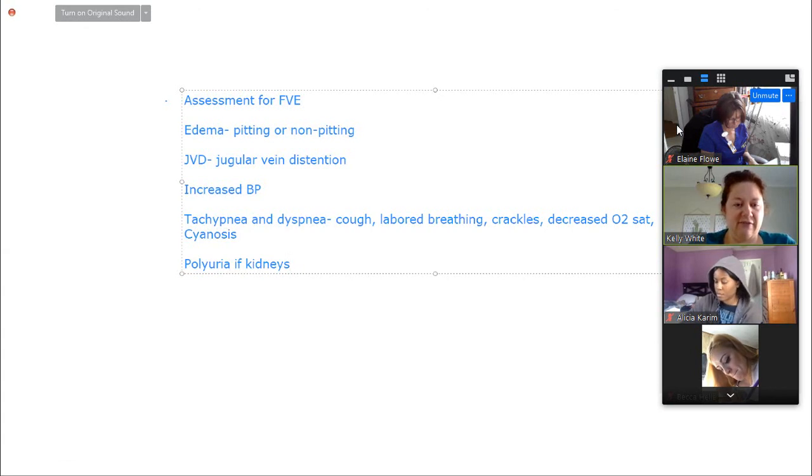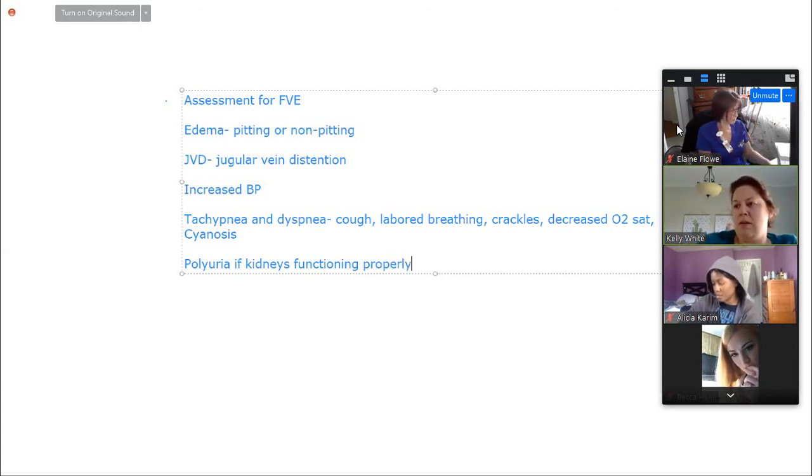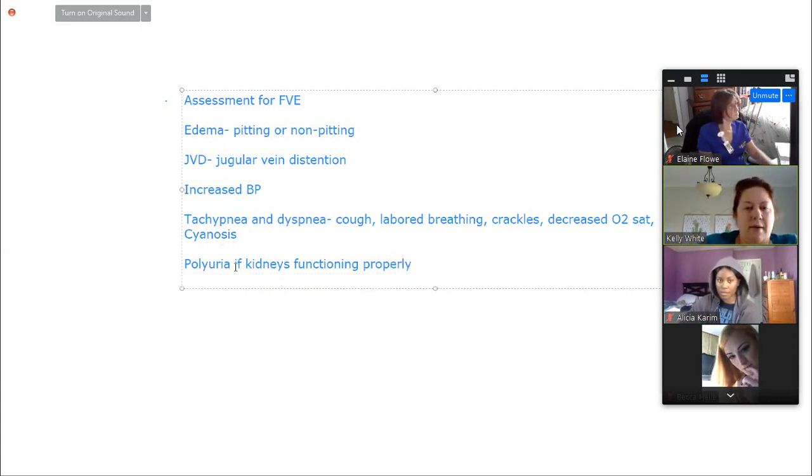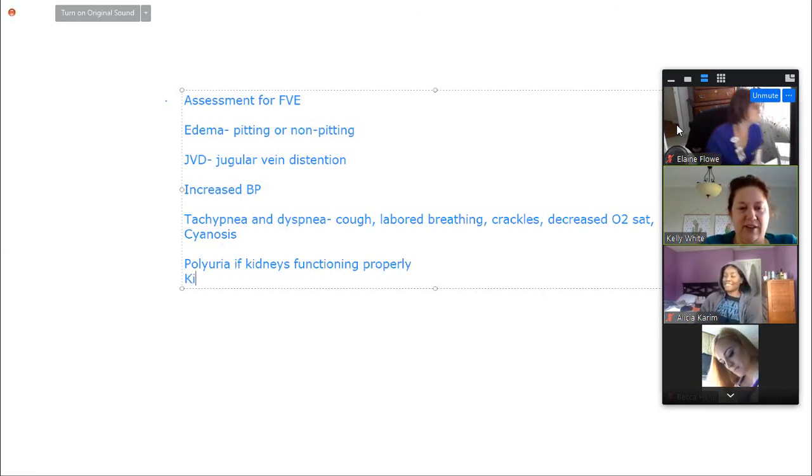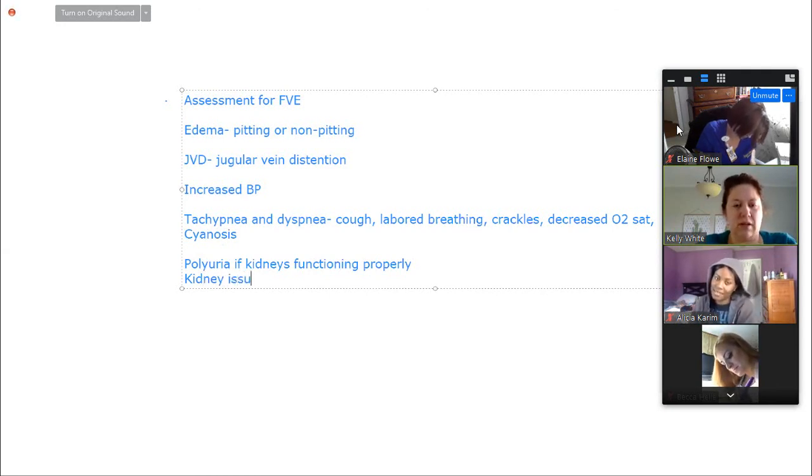Obviously, if they have kidney failure, that's not going to be the case. If they have kidney disease or kidney failure, they're going to have decreased output.